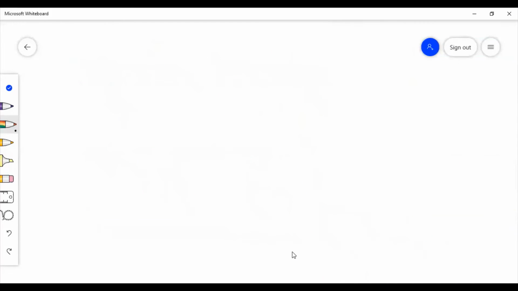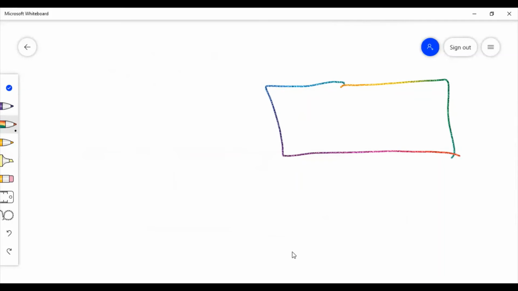A rectangular box. Let me draw the box. This is the rectangular box. It has sides 3, 4 and x, and a volume.